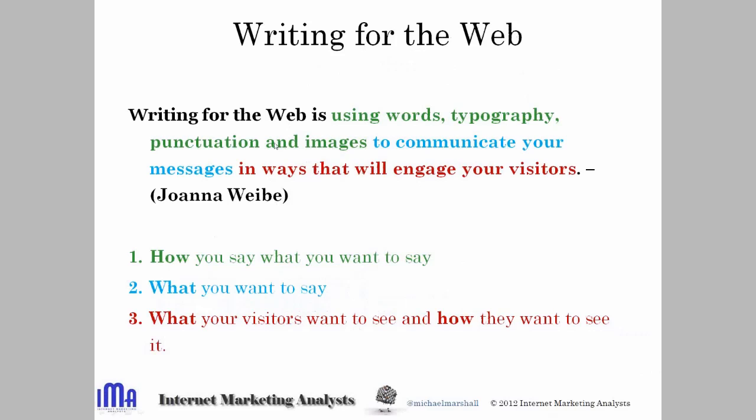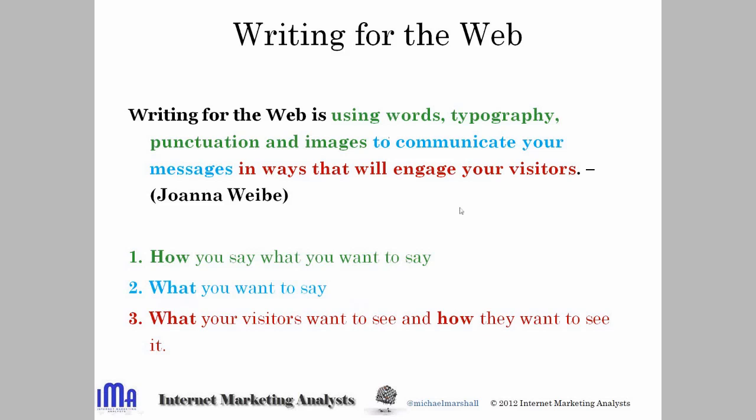This is a quote that I think really captures what you need to know in writing for the web. Writing for the web is using words, typography, punctuation, and images to communicate your messages in ways that will engage your visitors. So there are three components of this. It's how you say what you want to say, what you want to say, and what your visitors want to see and how they want to see it.